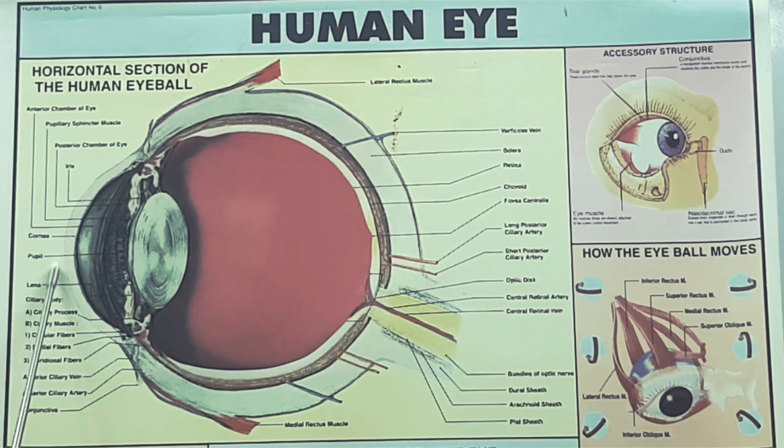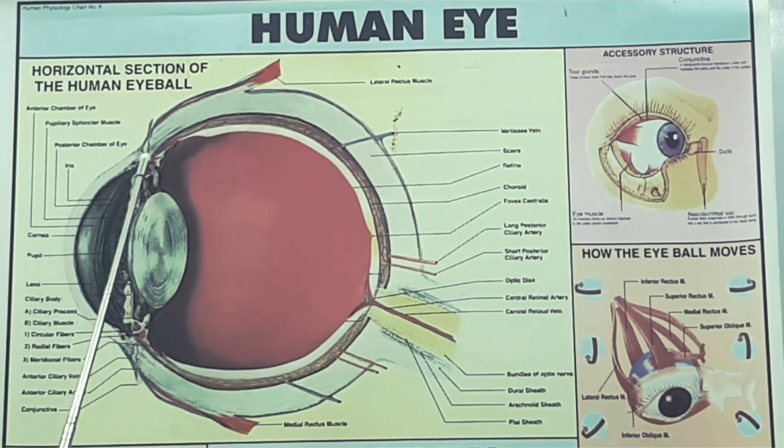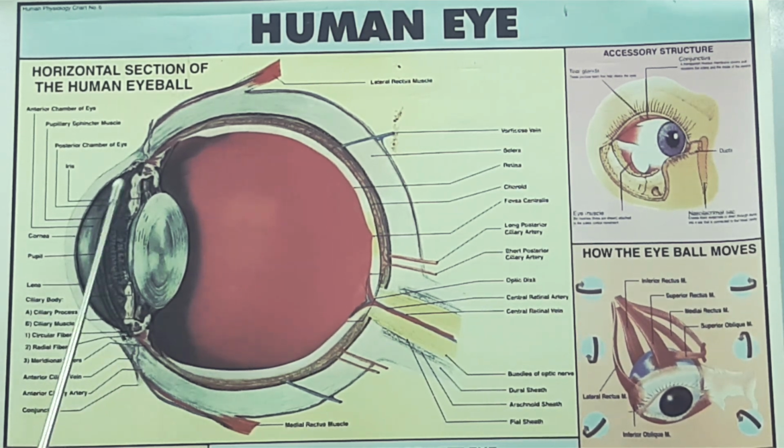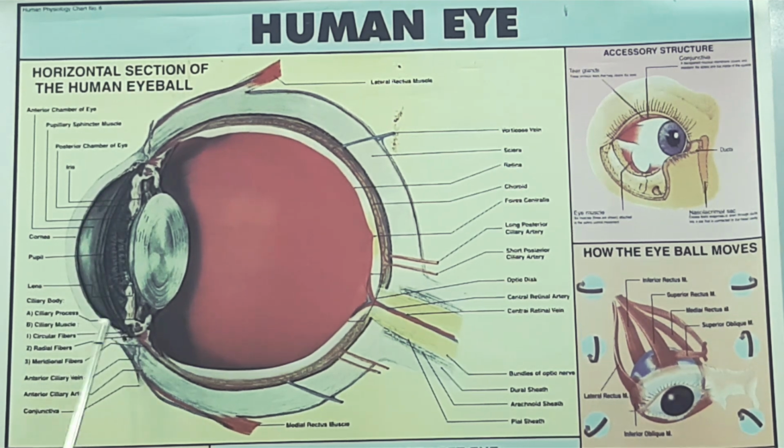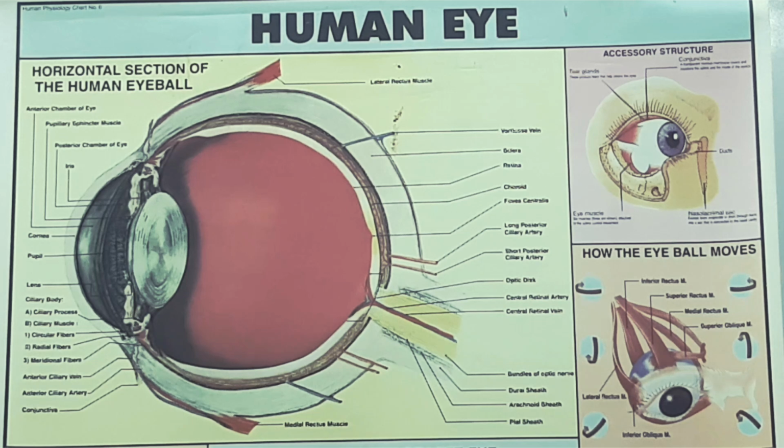Here is the conjunctiva, which protects the entire part of our eye and is connected with the eyelids. It is transparent and made up of epithelial cells. Just below it is the cornea, which is actually the colored part, but it has two structures.